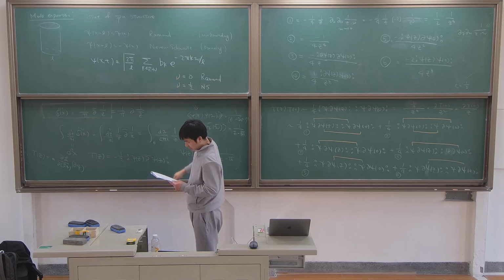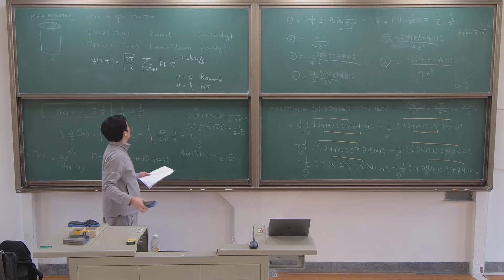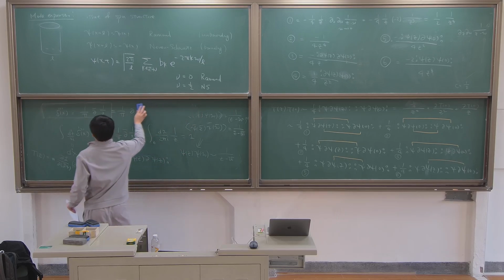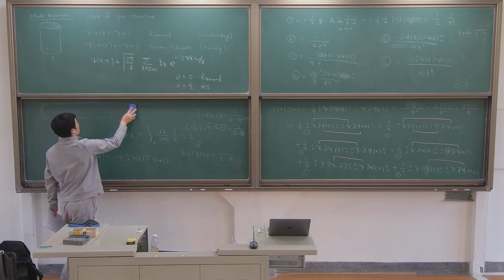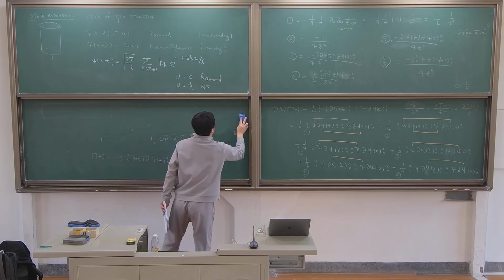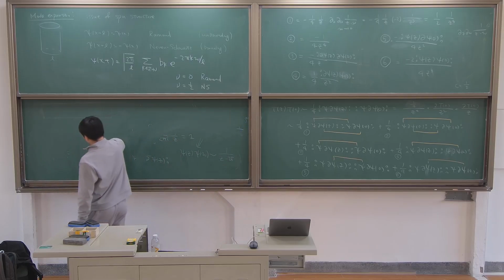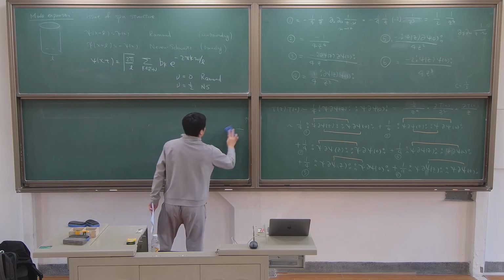On the other hand, for Ramond, k has to be integer. Any question at this moment?